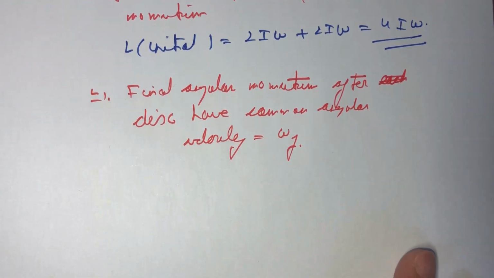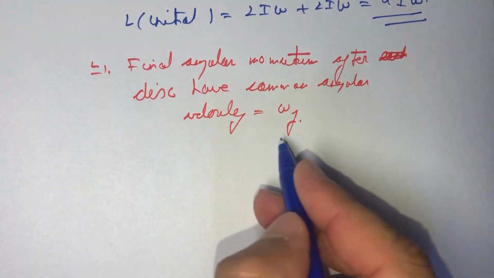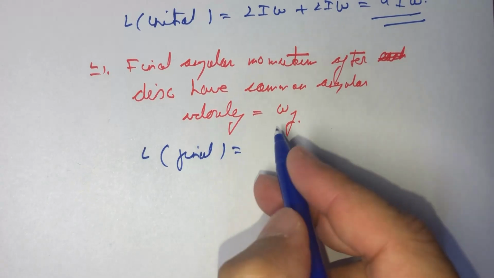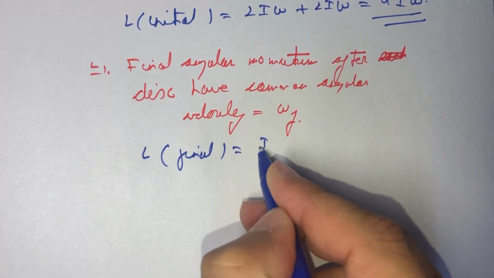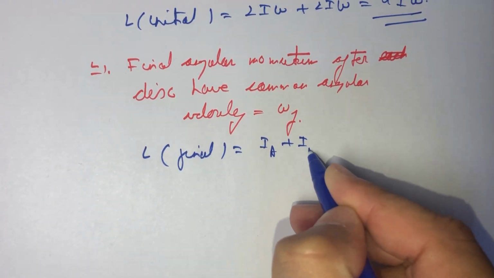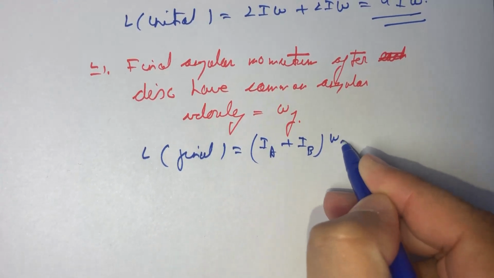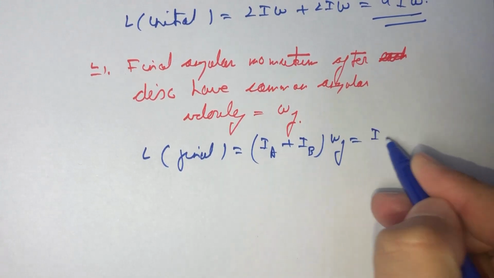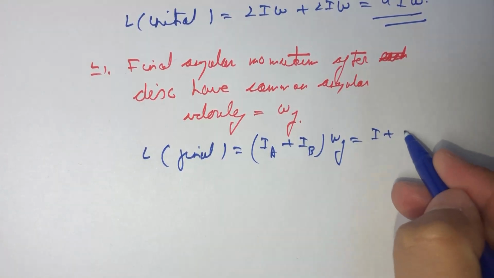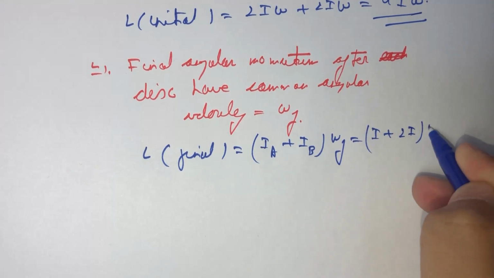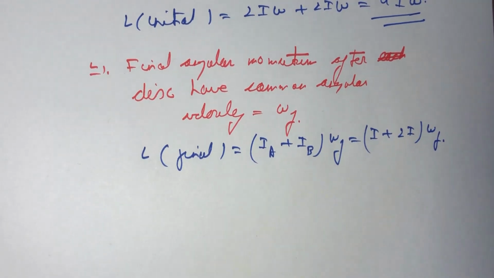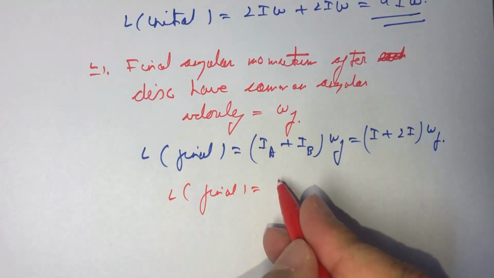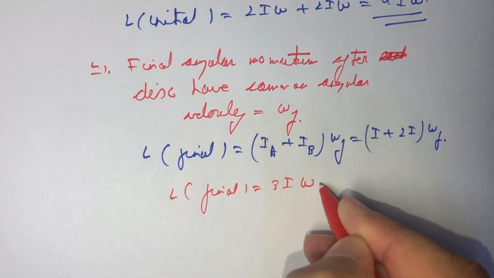So therefore we get L final is equal to moment of inertia of A plus moment of inertia of B multiplied by final angular velocity. So IA is given as I and IB is 2I, which will be equal to omega f. So therefore we get L final will be equal to 3I omega f.